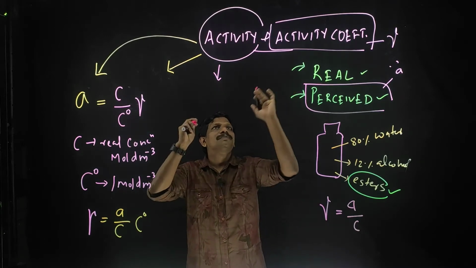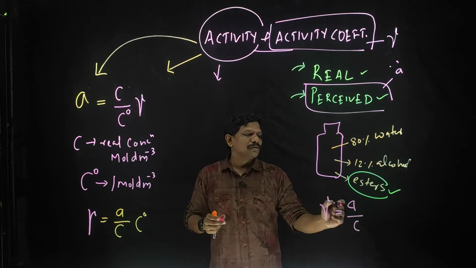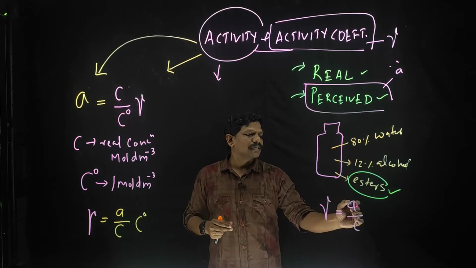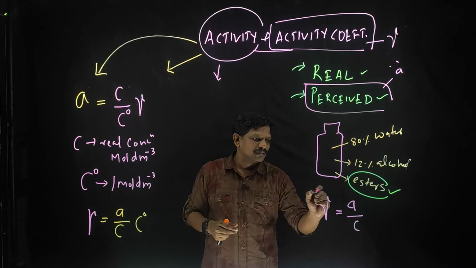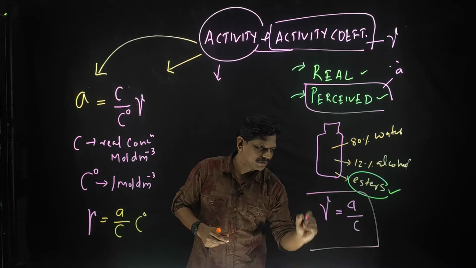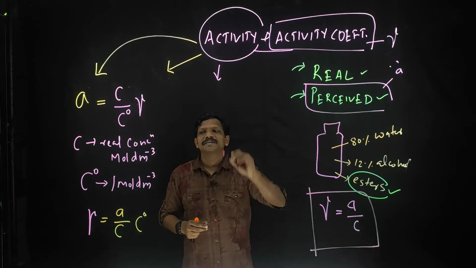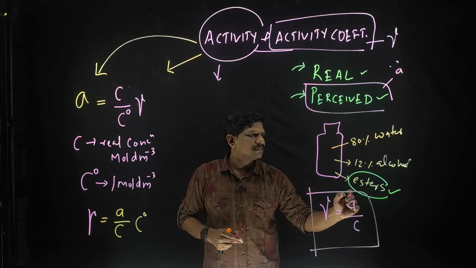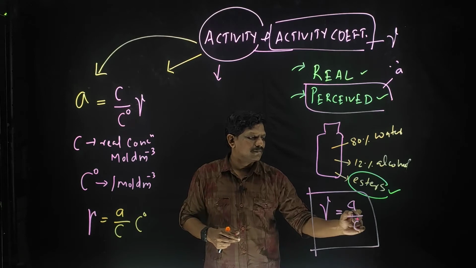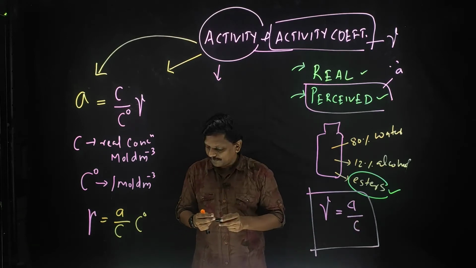Gamma, I told you, is the activity coefficient. So activity coefficient is the ratio of perceived concentration to the real concentration. Okay. So you see this equation, it's a very important equation. It's a dimensionless quantity. Gamma is equal to A, the perceived concentration, divided by C. C is the real concentration.